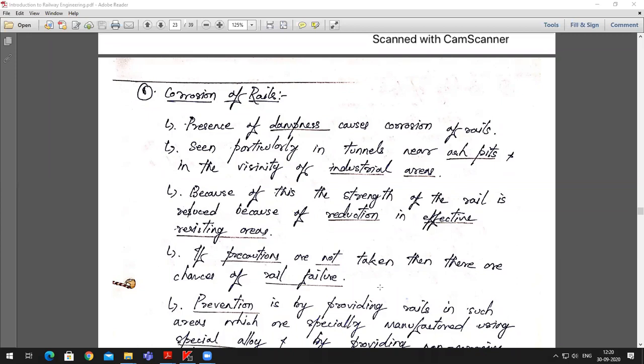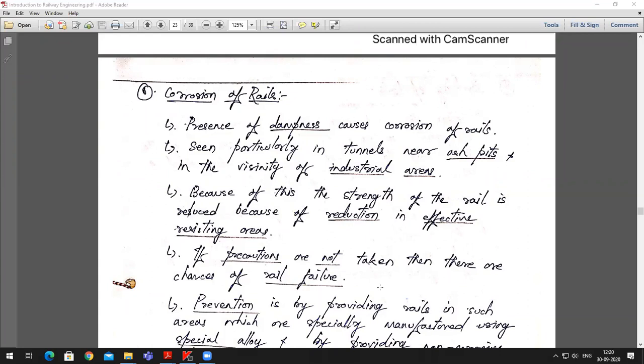Normally on iron, you might have seen that if you just leave it open to the atmosphere, after a certain period of time, if it is not being coated properly, it will start developing a thin, powdery layer on the surface. It's a protective layer that it tries to develop so as to protect the inner portion of the metal.